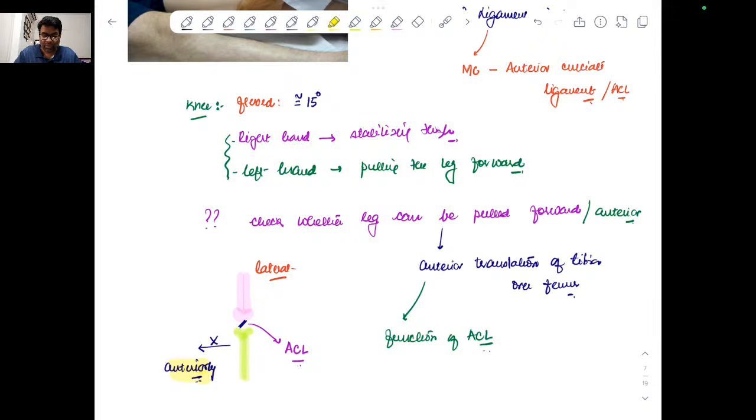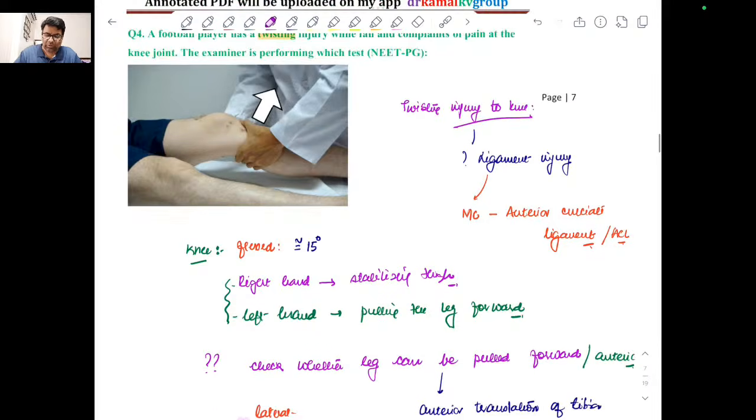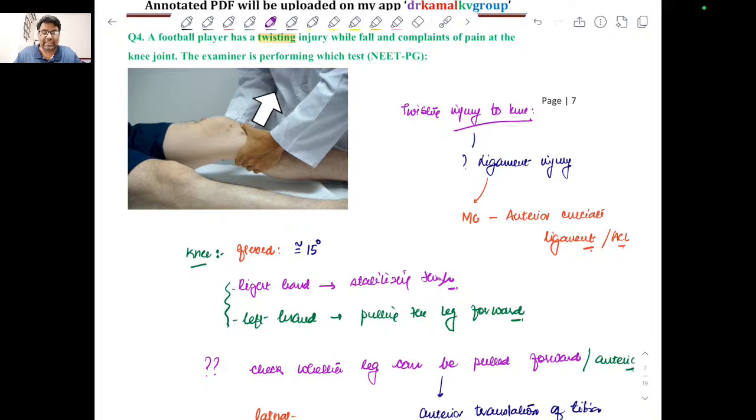Normally it will not allow. Only if it is torn, then the doctor can easily pull the leg forward, that is the tibia forward. So the doctor is trying here to check for the integrity of ACL. So this test is for ACL integrity.